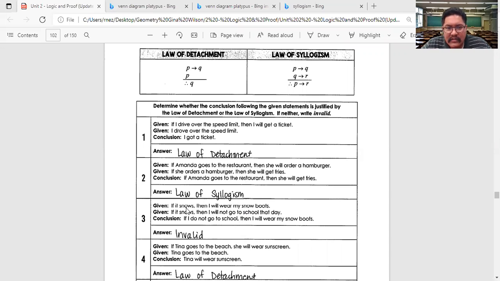If it snows, then I will wear my snow boots. If I wear my snow boots, then I will not go to school that day. Or actually, it follows the rules, but it doesn't make a whole lot of sense. But either way, if you reverse it, it still would not make any sense. So I guess invalid is pretty much the only way you could do this. But again, mainly because it doesn't follow the rule that we had earlier.